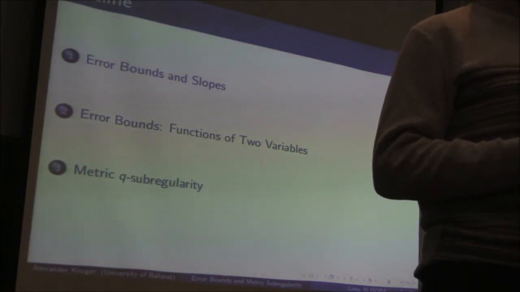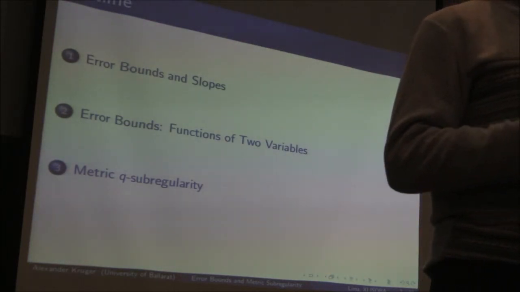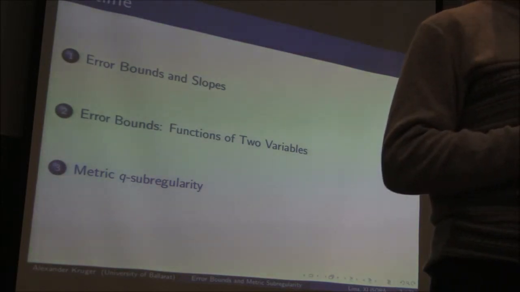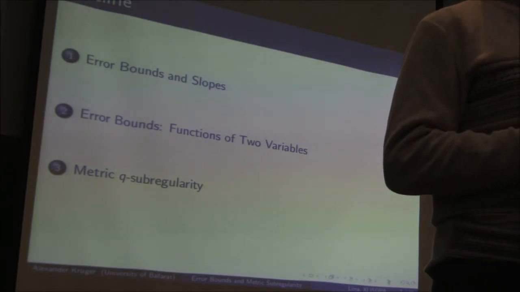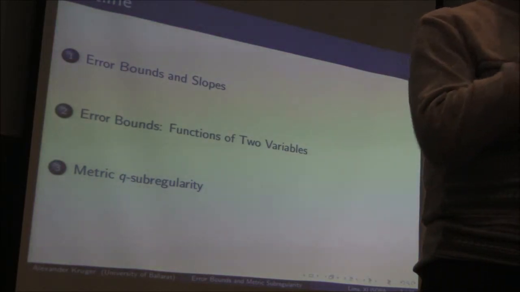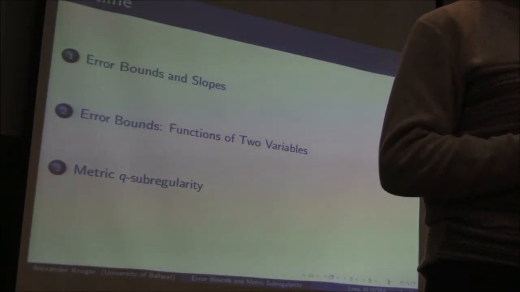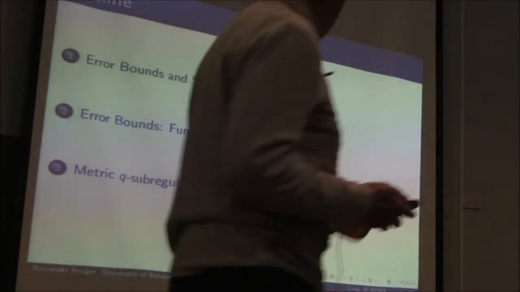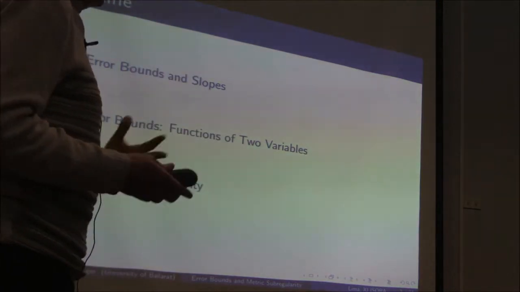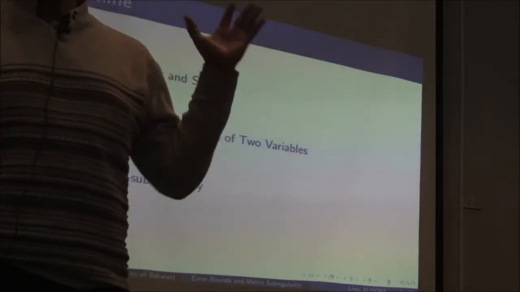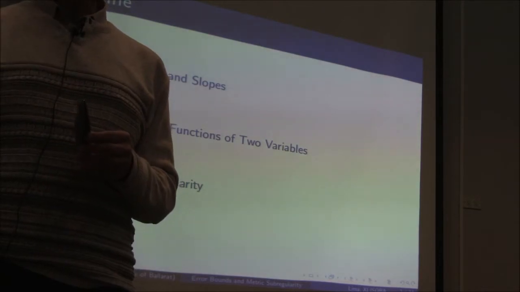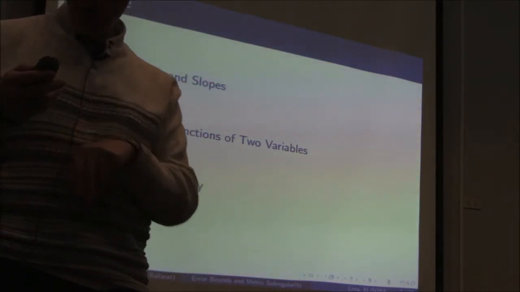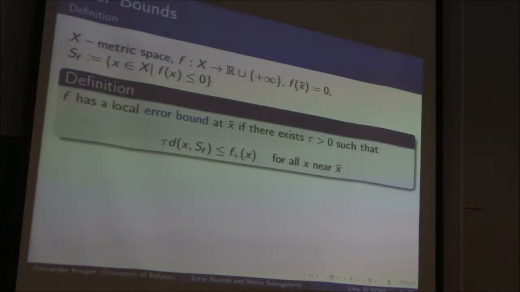So in the second part of my talk, I will suggest some extension of this definition of error bounds and the criteria in such a way that after this extension, the case of metric subregularity will be covered. And in the last section, I will really talk about metric subregularity or metric Q subregularity, the Hölder analog of this property, depending on how much time is left, but I'm afraid not too much.